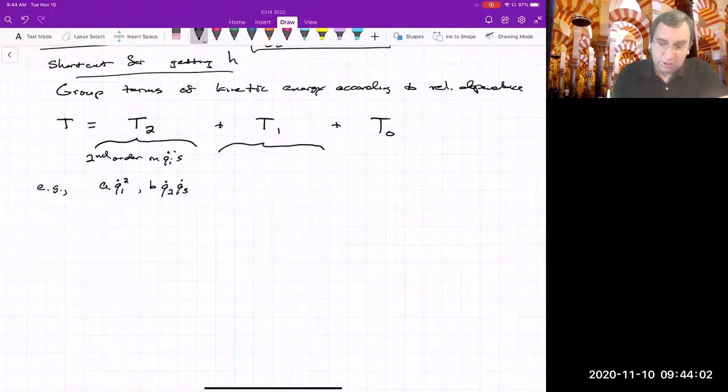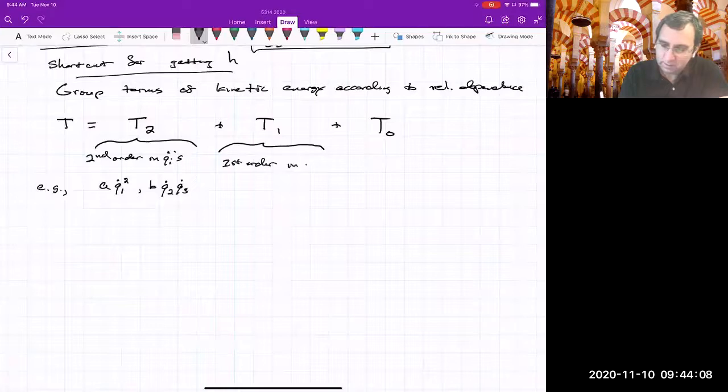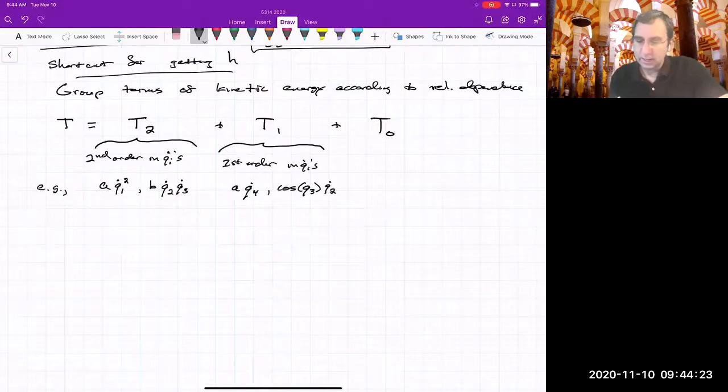And then what about T1? These are first order, so they're linear in the q_i dots. So like some constant times q4 dot, or cosine q3 times q2 dot. All we're looking at is the dependence on the generalized velocity.